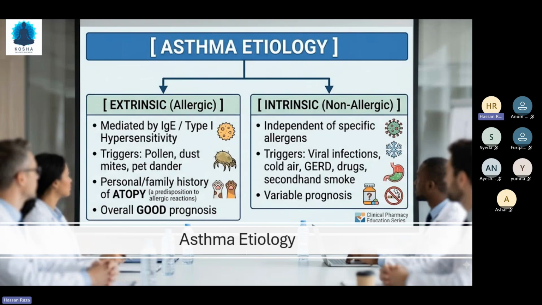It's a kind of type 1 hypersensitivity. We will discuss in detail how it gets mediated by IgE and what type 1 hypersensitivity is. For this slide in particular, you need to remember that extrinsic asthma is mediated by IgE antibodies, it is a type 1 hypersensitivity, and generally it has trigger factors like pollen, dust, mites.